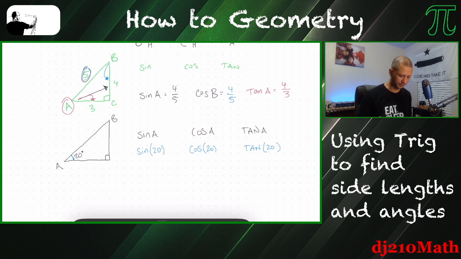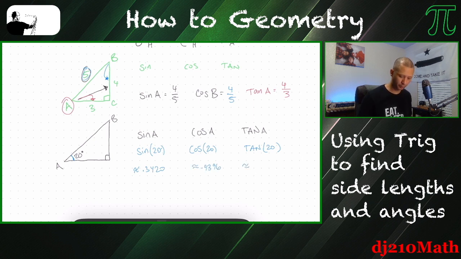All right, so in this case, sine of 20, if we take it to 4 decimal places, would be approximately 0.3420. Cosine of 20, 0.9396.